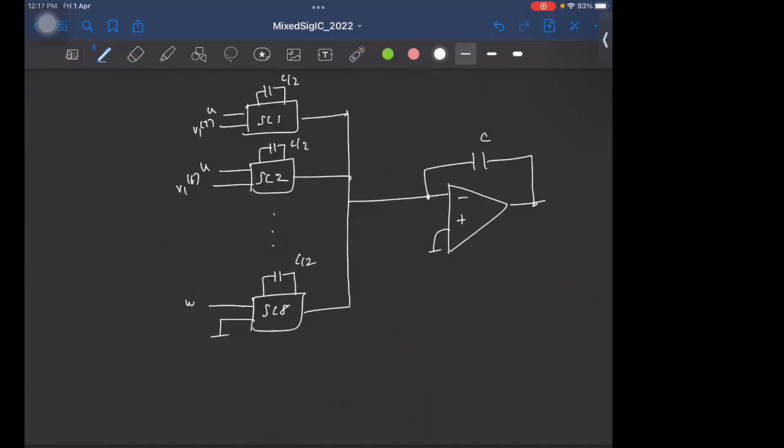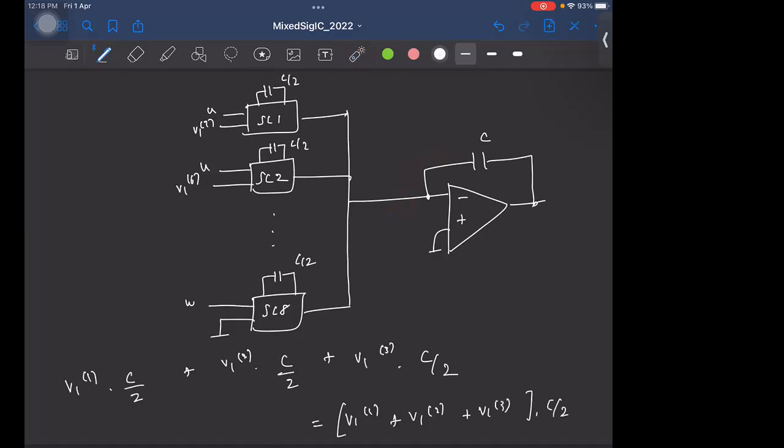Each capacitor will have a charge corresponding to this, V1 of 2 times some C by 2, and all of them are getting transferred to the feedback capacitor. That's how we are realizing this operation of V1 plus V2 plus V3 into some voltage, whatever. That's okay. So from this, can you tell me what can go wrong?